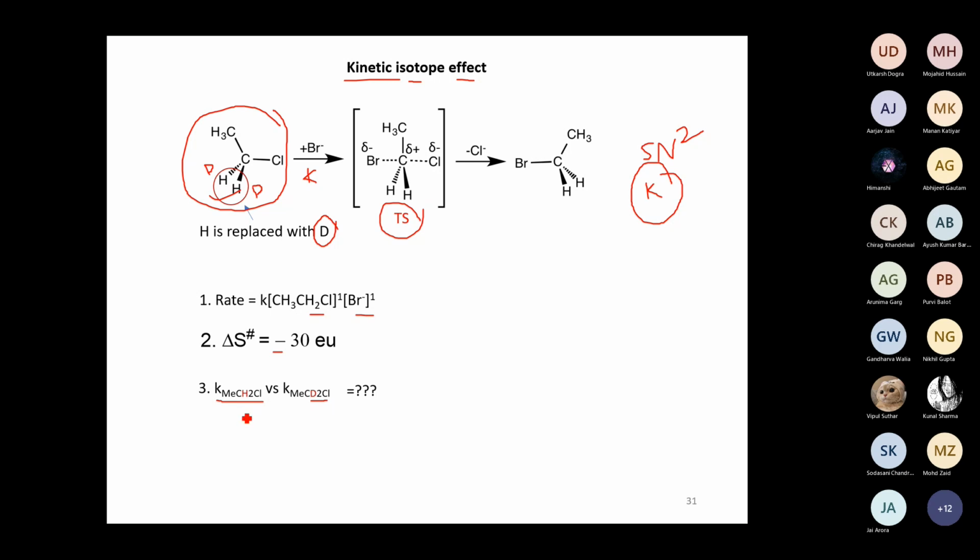If the first k for the protic substrate is larger than the deuterated substrate, then there will be an effect. Maybe it is the reverse way. So we need to determine the value of k by changing from the proteo substrate to the deuterated substrate. Does it make sense?